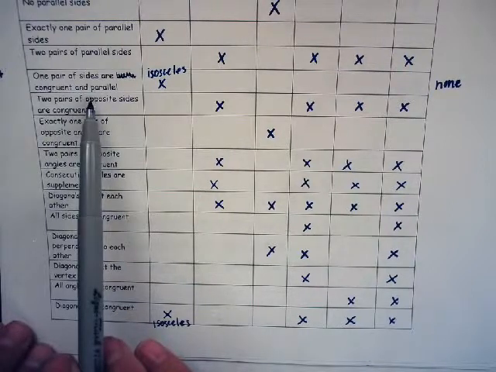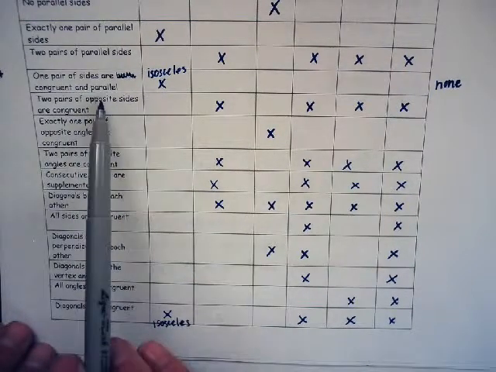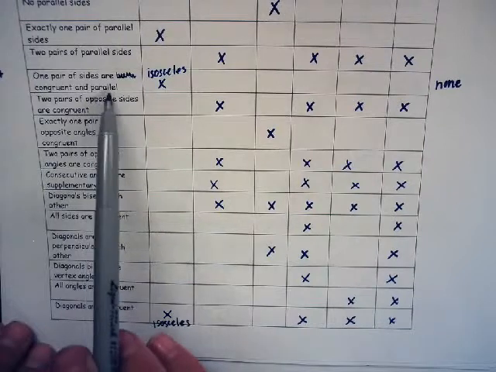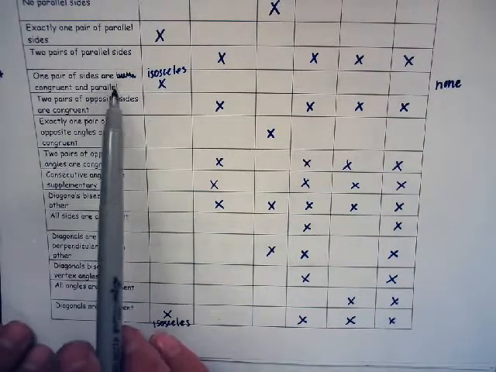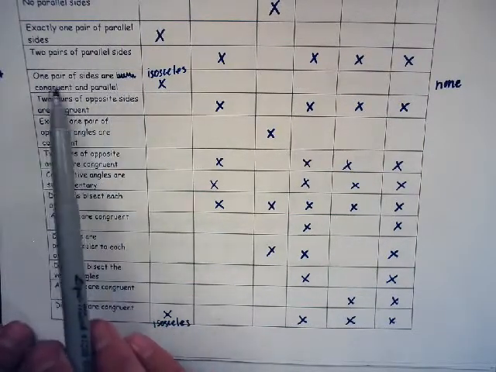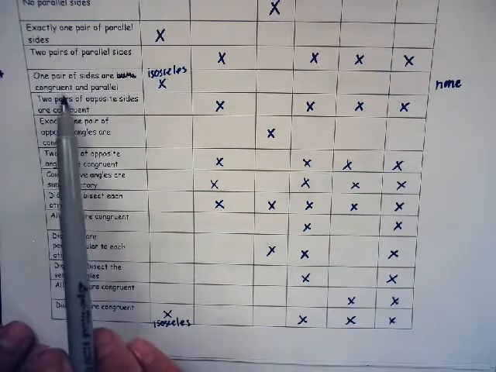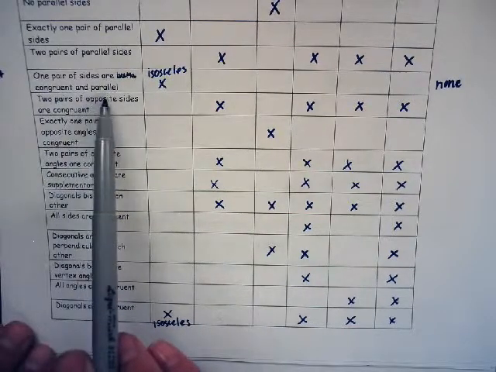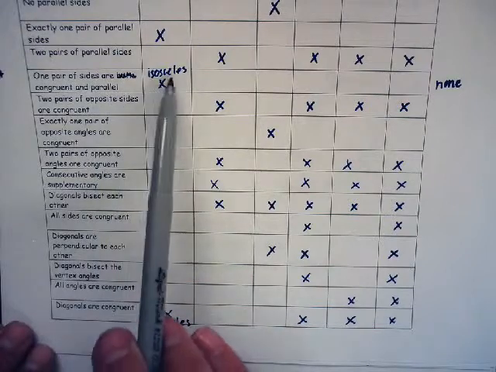And a trapezoid has one pair that's parallel, but it's not congruent and parallel. So nothing really fit that definition. So I crossed this out and changed it. That it has one pair of sides that are congruent, and one pair of sides that are parallel. That's an isosceles trapezoid. Hope that makes sense.